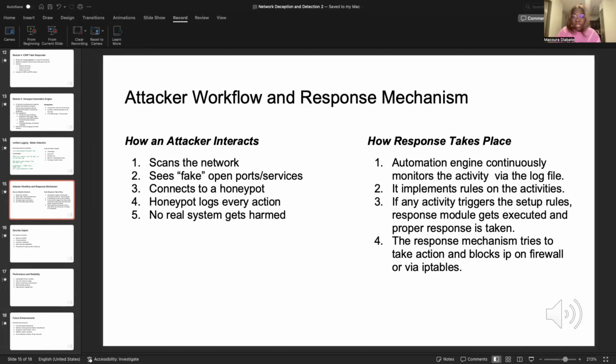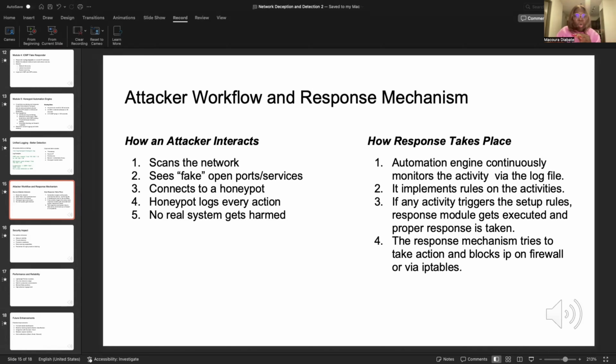We record everything they do, everything they type, every file they touch. And fifth, this is critical: no actual harm happens, no real systems are damaged. We have completely isolated these traps so attackers can't jump to our real infrastructure. They are stuck in a contained environment.